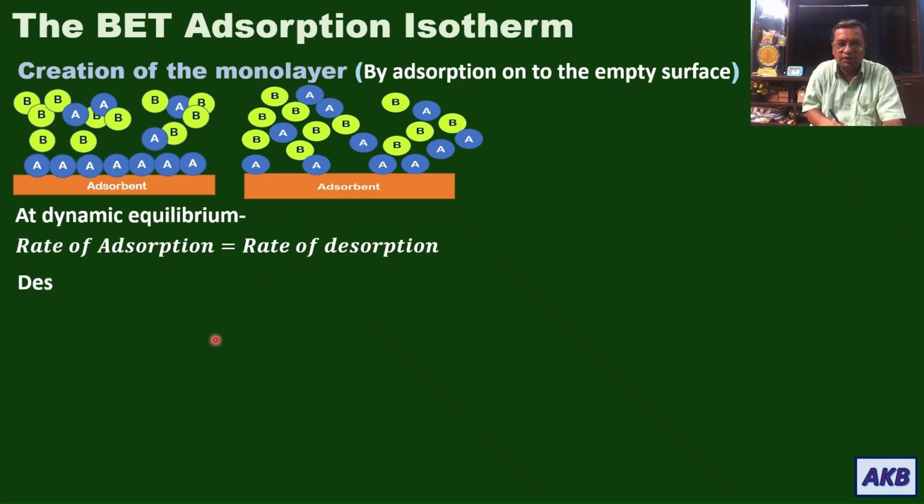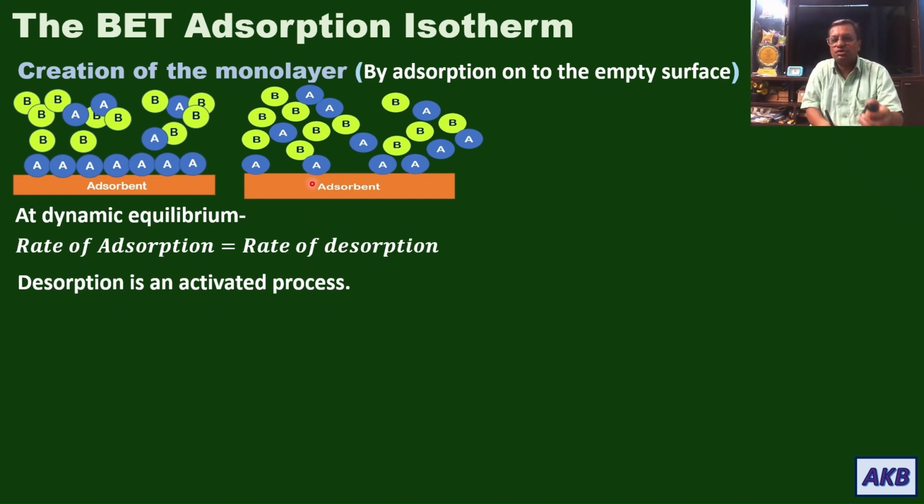Now, let us talk about rate of desorption. First thing is, you need to understand that desorption is an activated process, which means that the adsorbed molecules should possess certain minimum energy in order to get desorbed.